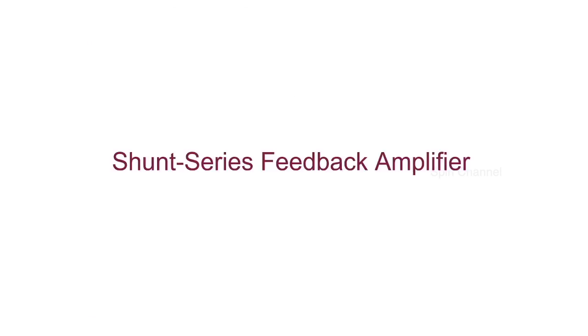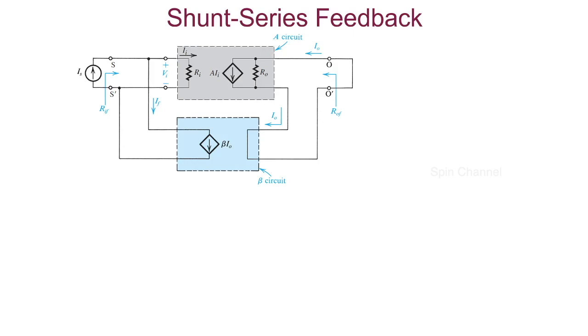The next configuration for discussion is the shunt series configuration. The shunt series feedback topology is best suited for current amplifiers. So the basic amplifier here is a current amplifier and the gain is given by output current by input current. The feedback signal, the sampled signal, is current and the mixed signal is also current.